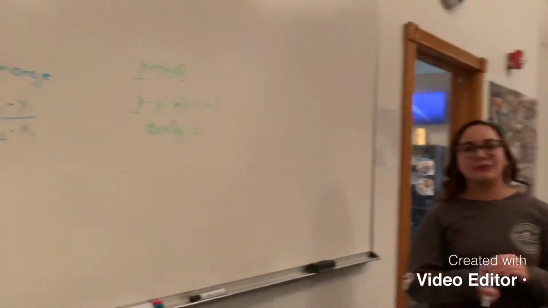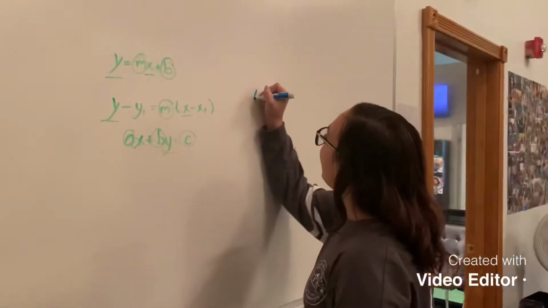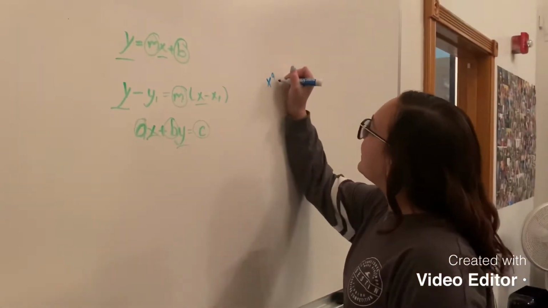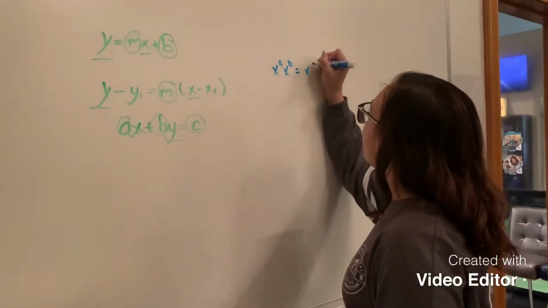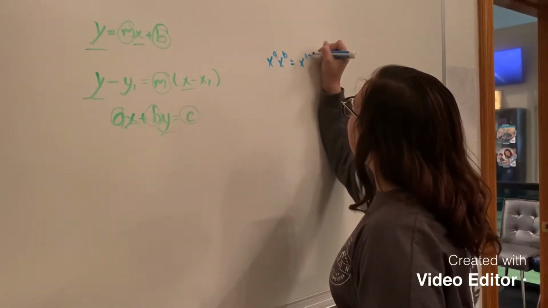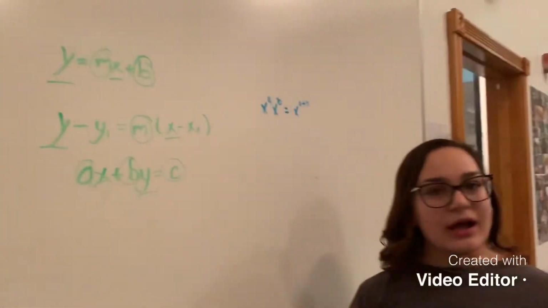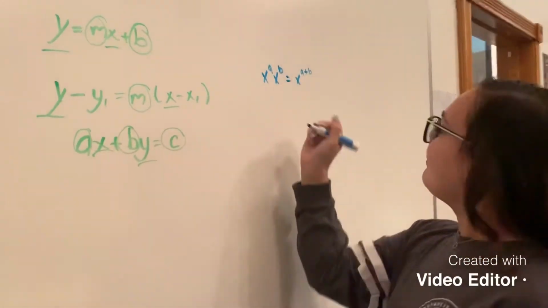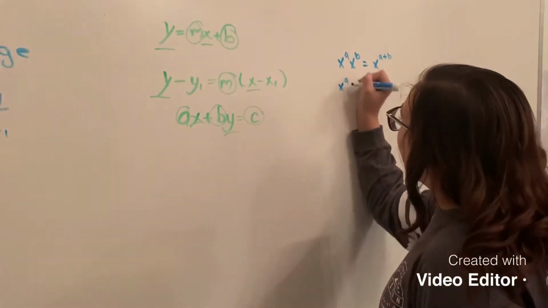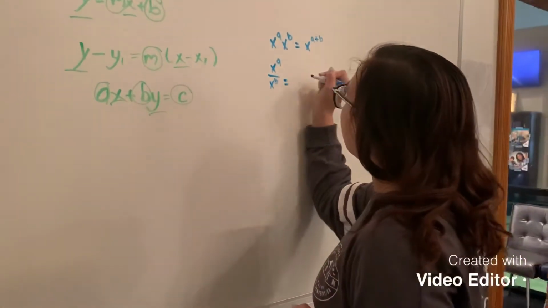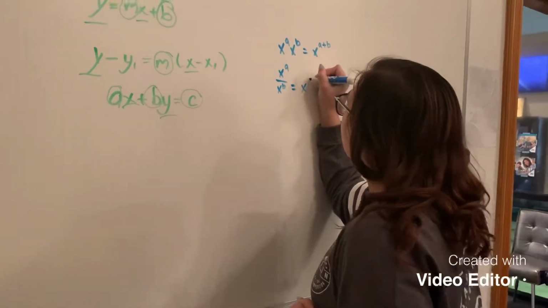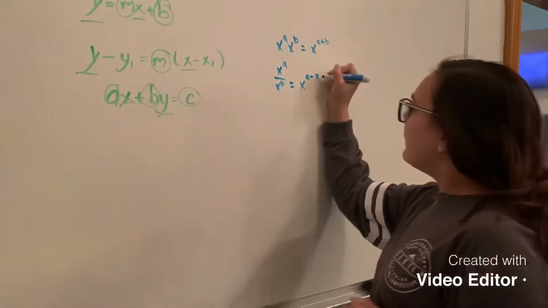The first form is x to the a times x to the b, which equals x to the a plus b. The next form is x to the a over x to the b, which equals x to the a minus b.